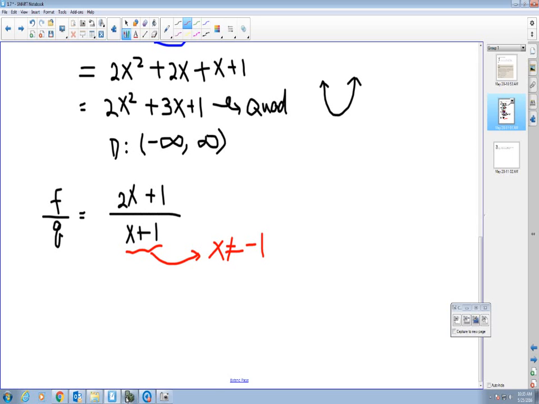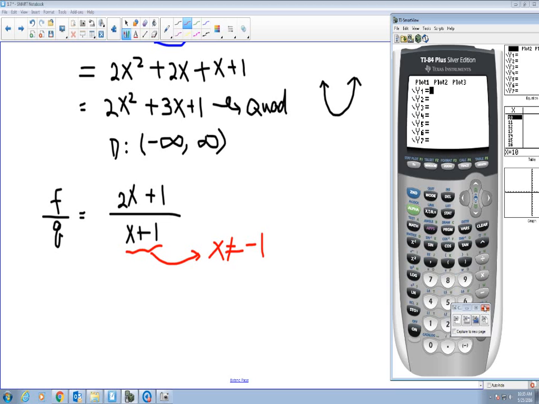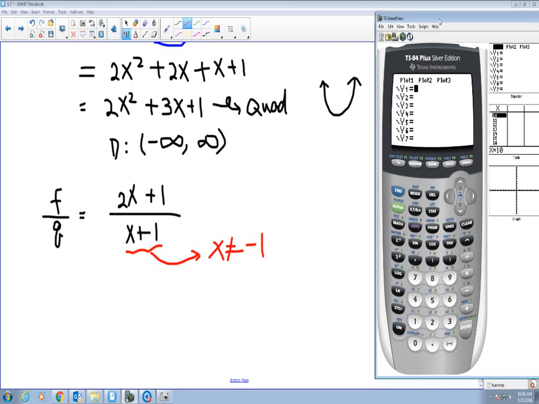Alright, so let's graph it. For a rational function, I like to graph it and look at the picture so I can determine what my domain will be. The numerator is 2 terms, put it in parentheses, 2x plus 1, close parenthesis, divided by, the denominator is 2 terms, put it in parentheses, x plus 1. So ahead of time I already know my x cannot equal negative 1, and I have a vertical asymptote at negative 1.